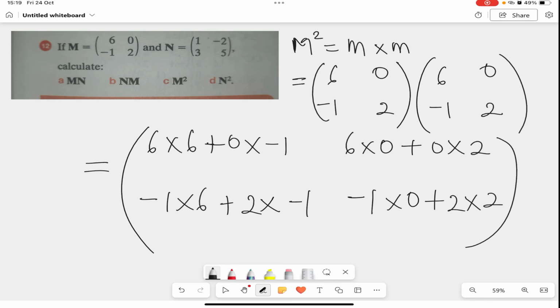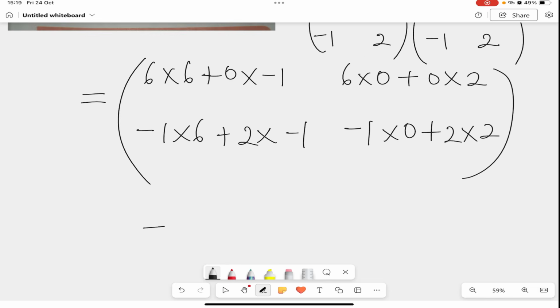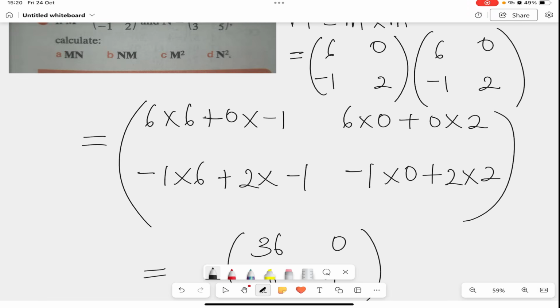Good. So that will give me a 2 by 2 matrix: 36, 0, minus 8, 4. So when you apply matrix multiplication, you're going to get this.